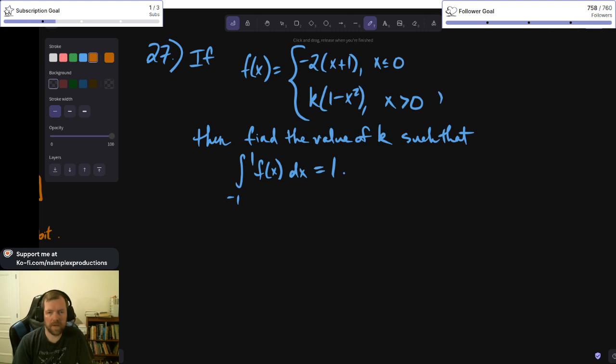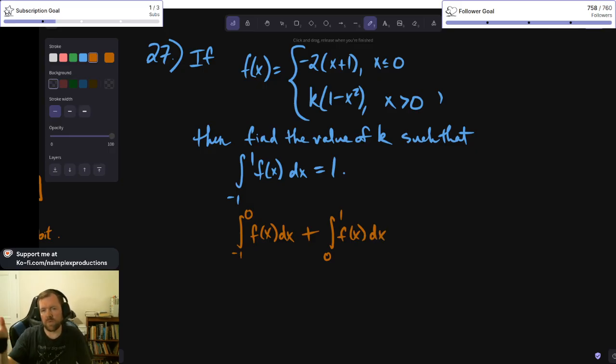Okay. So here, this is going to be the integral from -1 to 0 of f of x dx plus the integral from 0 to 1 of f of x dx. We can take this separately because we know how to work with integrals. We can separate them out and say each of these individual integrals are easy enough to do.